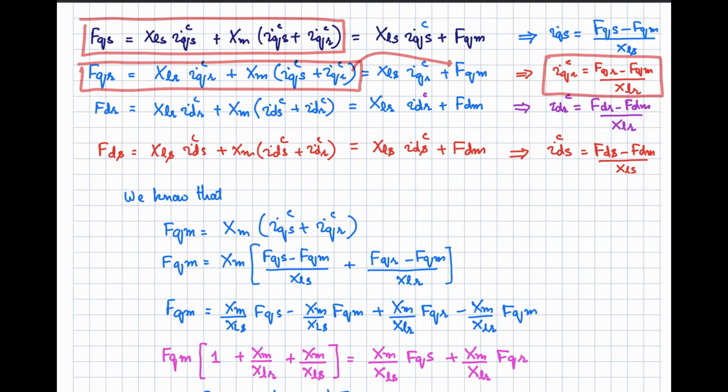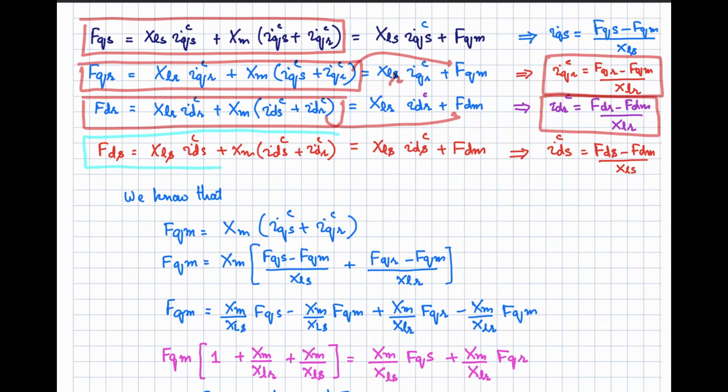Sorry, this is XLR. Now the third equation, that is FDR, the voltage along the d axis of the rotor, is given like that, and again this term is the FDM. So from here I can write down the expression for IDR. And then for FDS, d axis stator, we have this equation, and in this part this is FDM, and if we solve it for the current, we can write the current like this.